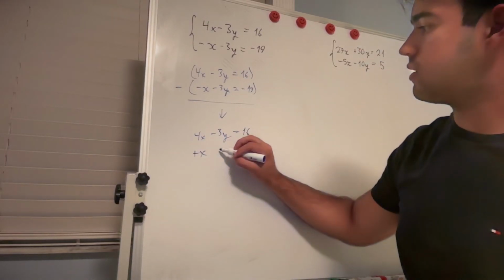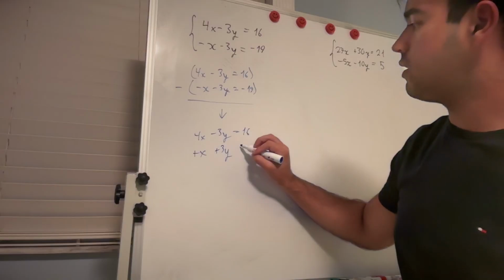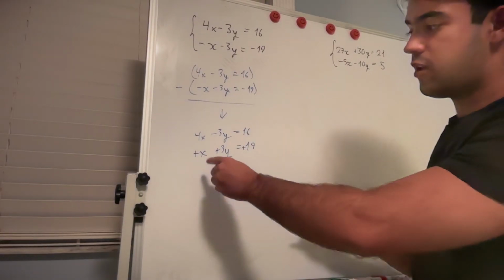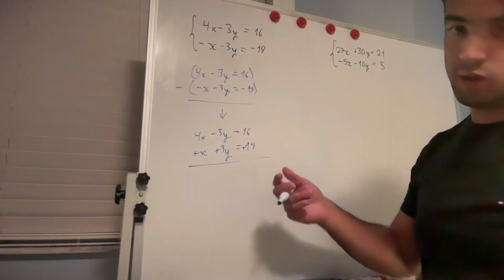So minus x plus 3y, and then positive 19, so I'll do plus. Then we'll just do normal addition.